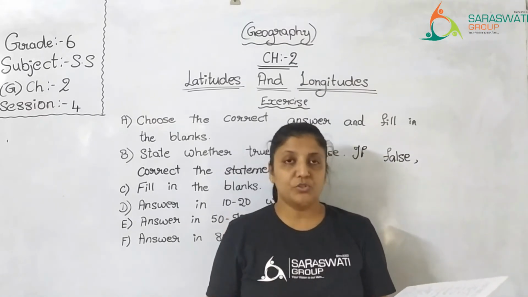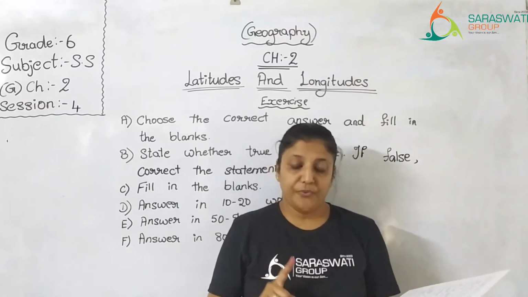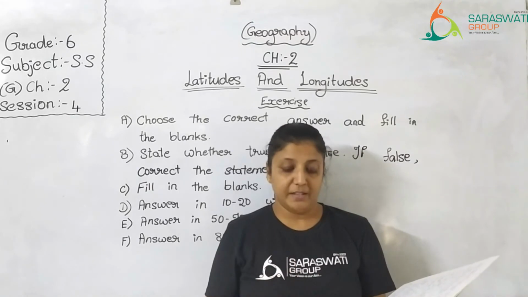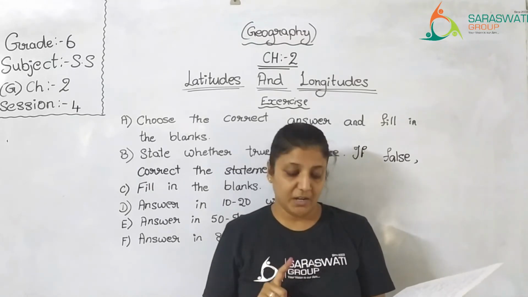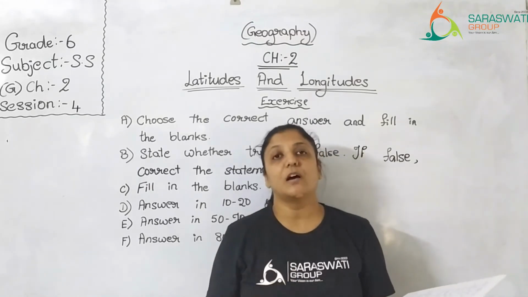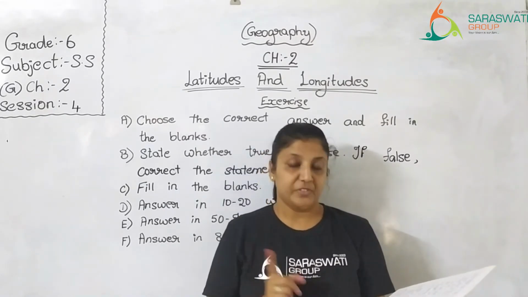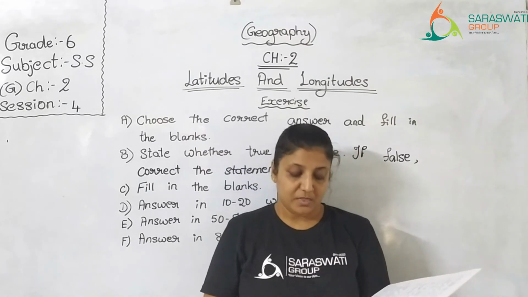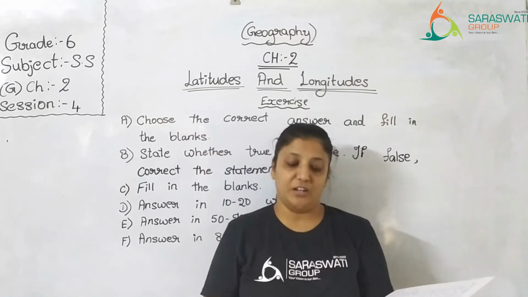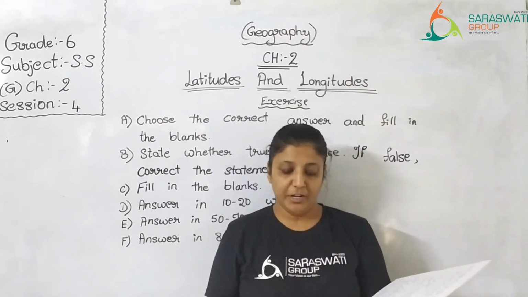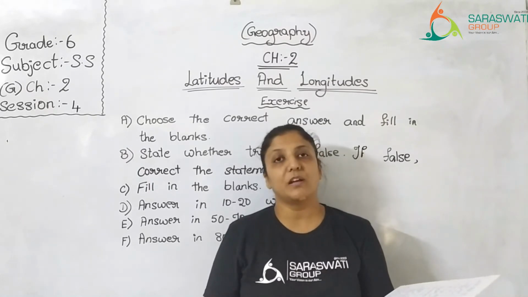For longitudes, you will write a set of imaginary lines drawn vertically from the north pole to south pole are called longitudes. Next, latitudes run in east-west direction and longitudes run in north-south direction.